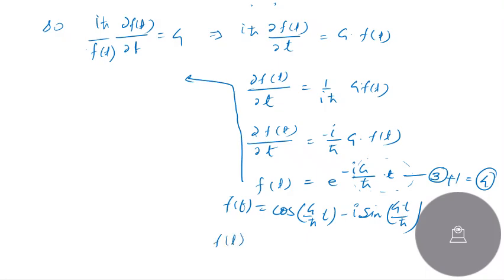We can write cos 2 pi g upon h, because it will not change the value of sin g t by h cut.